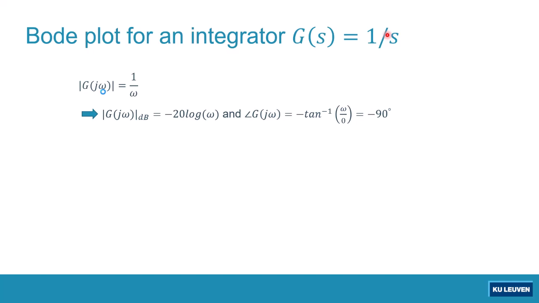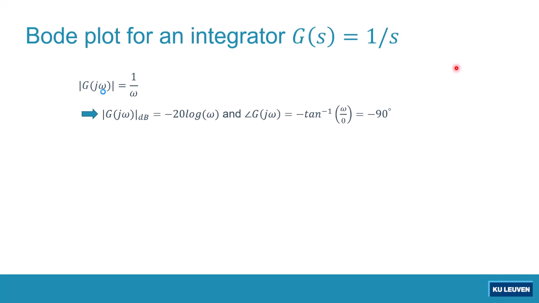So I simply have minus the inverse tangent of the angle of the denominator. But now the denominator only contains an imaginary number, j omega. So the angle of the denominator will be equal to the inverse tangent of the imaginary part of the denominator, which is omega, over the real part of the denominator, which is 0. We don't have a real part in the denominator. So we have minus the inverse tangent of omega over 0, which is equal to negative 90 degrees.